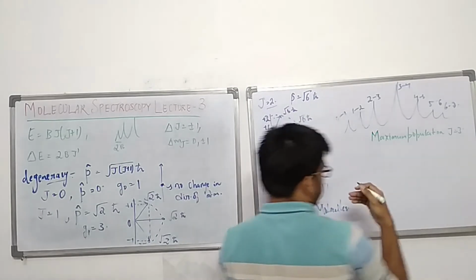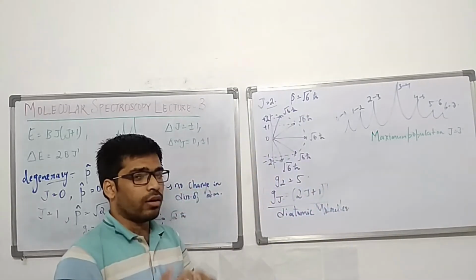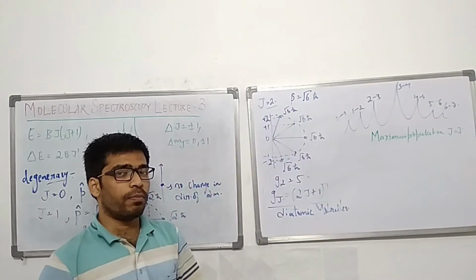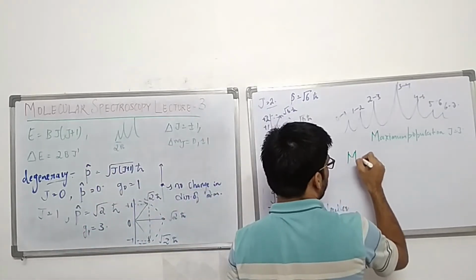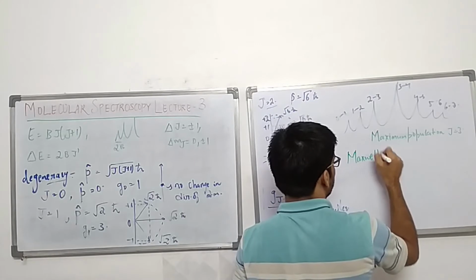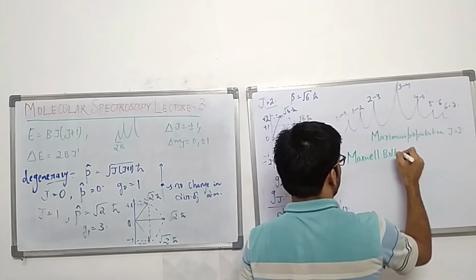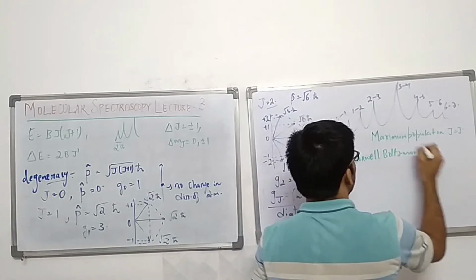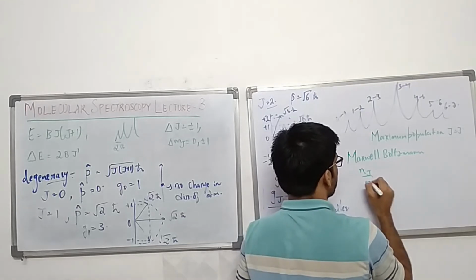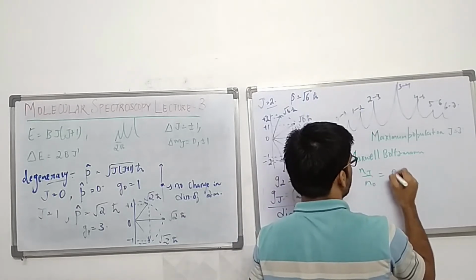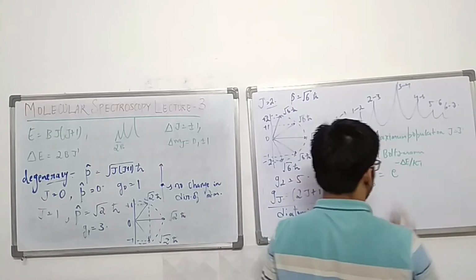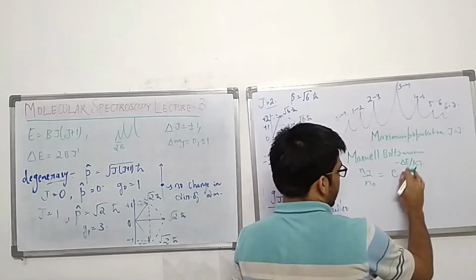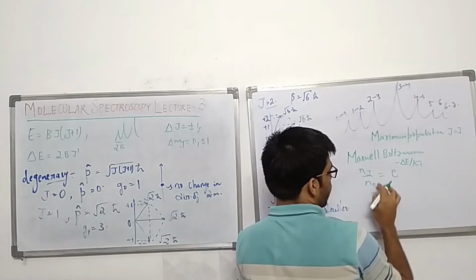But the formula for finding the population of any energy level that we get from Maxwell-Boltzmann distribution is Nj by N0 is equals to e to the power minus delta E by kT. Now delta E means the difference between the jth level and 0th level.